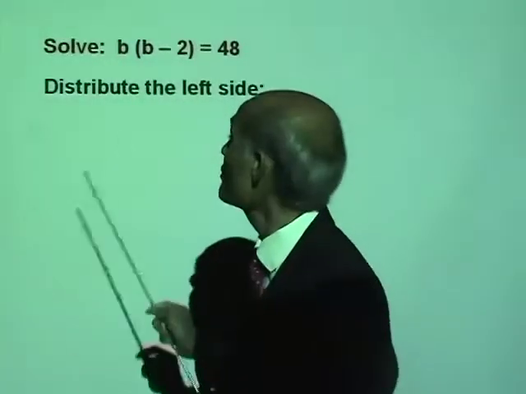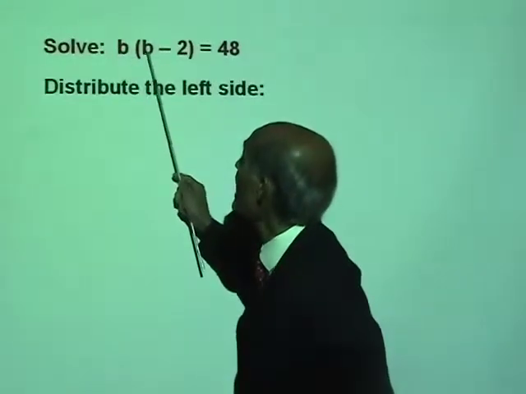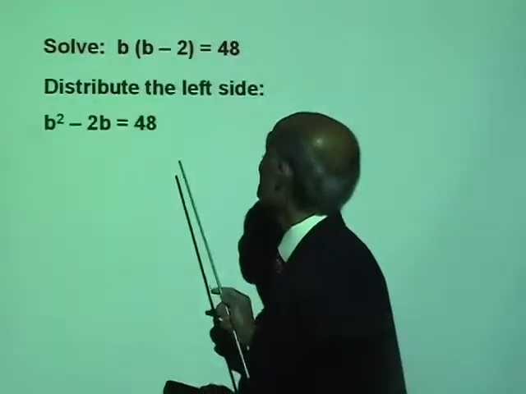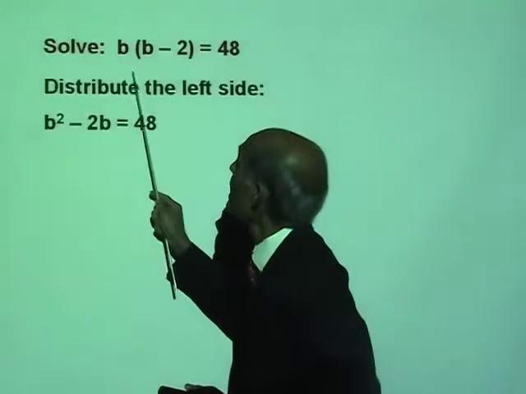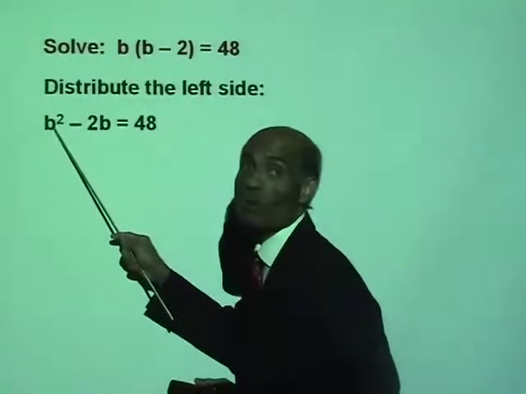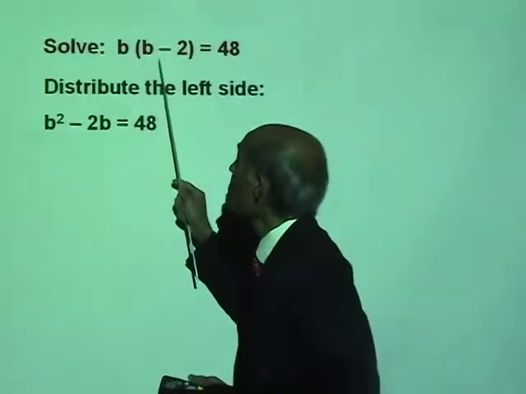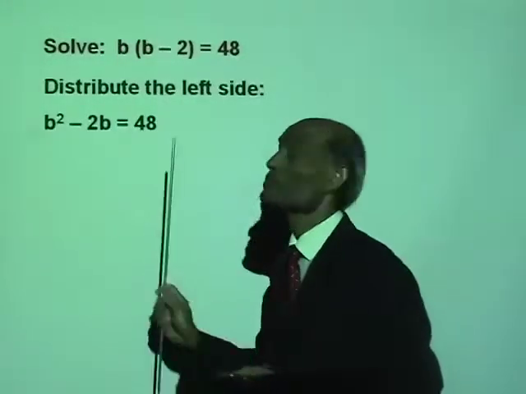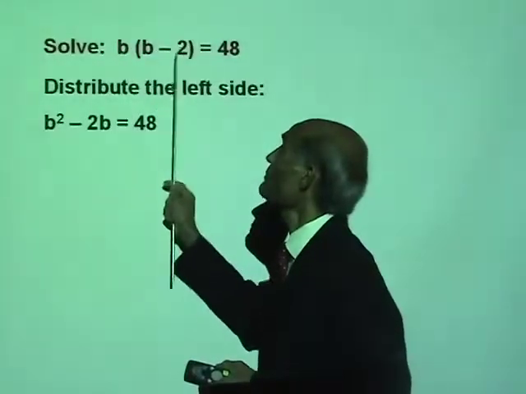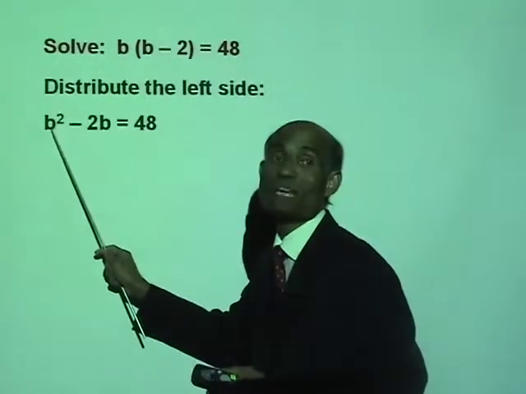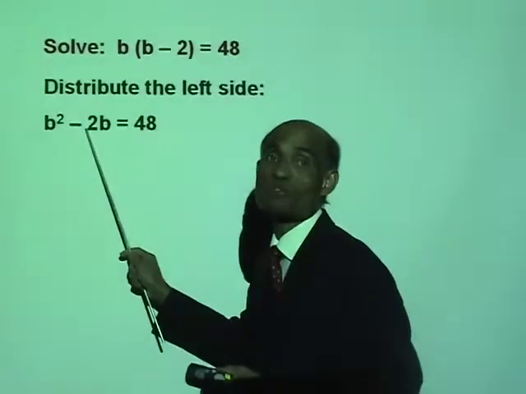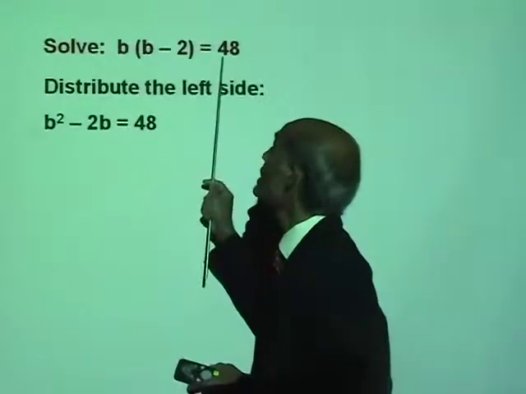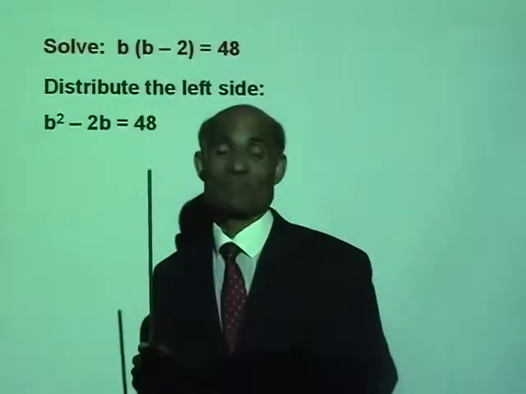Now, what do you get if you multiply b times b minus 2? B times b is b squared. B times negative 2 is negative 2b. So multiplying the left-hand side gives us b squared minus 2b, and that is equal to 48.